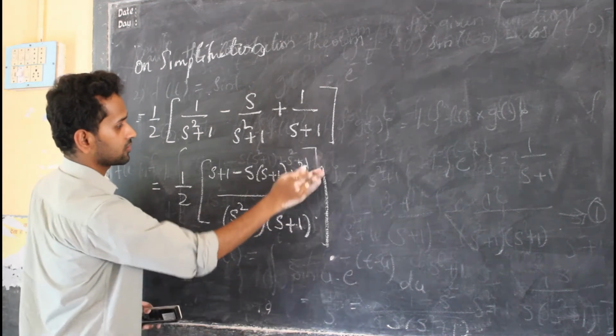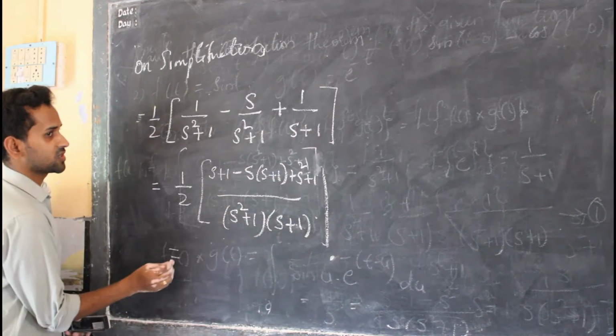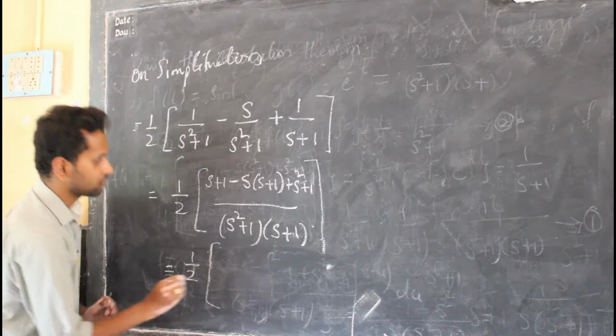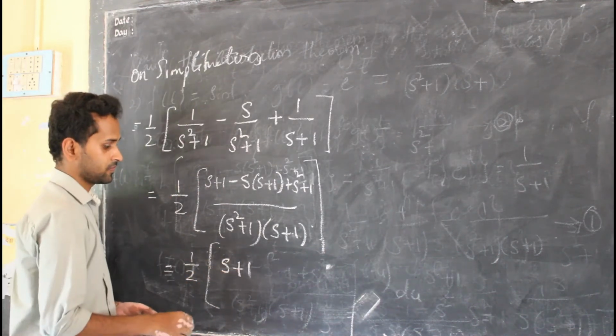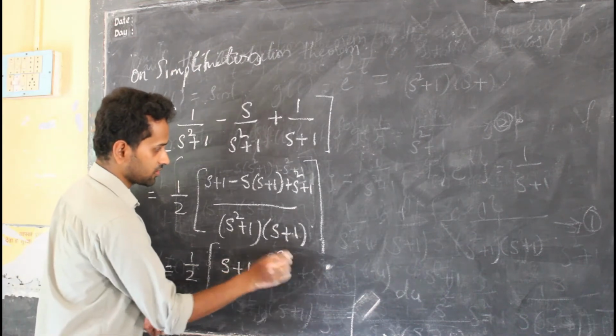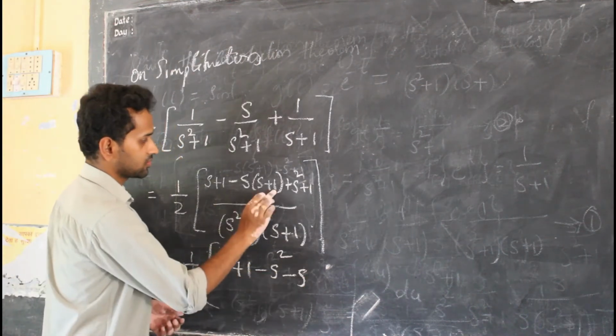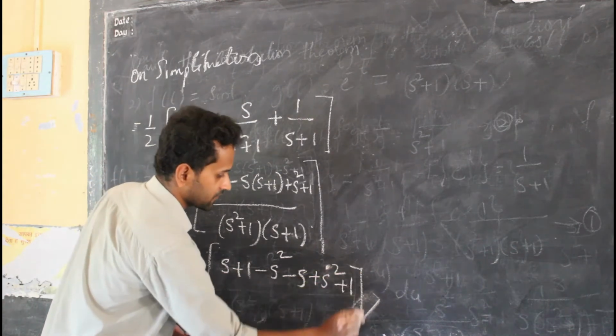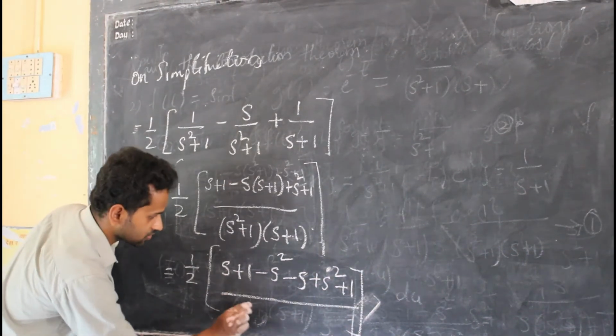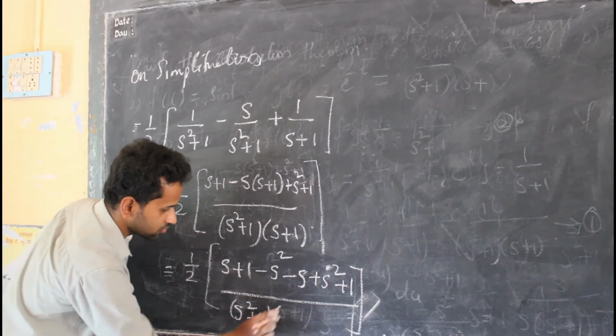Is it clear? So this will be 1 by 2 into, look here, s plus 1 minus s square minus s into 1s plus s square plus 1 divided by s square plus 1 into s plus 1.